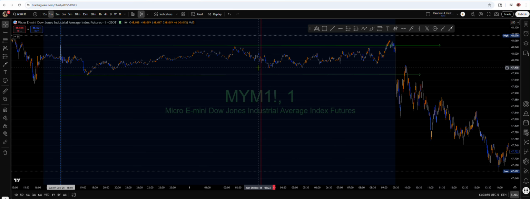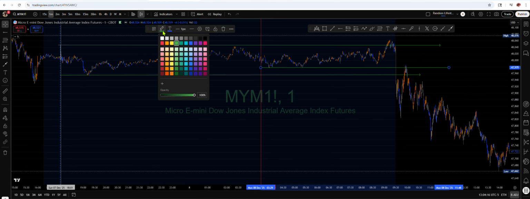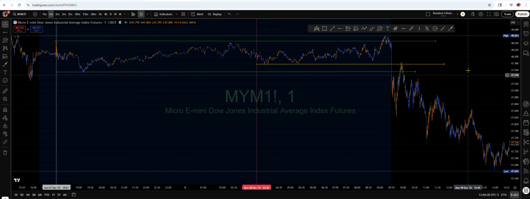Now we're going to go for London lower low and London higher high. So this is London. I'm going to change this and make these yellow.